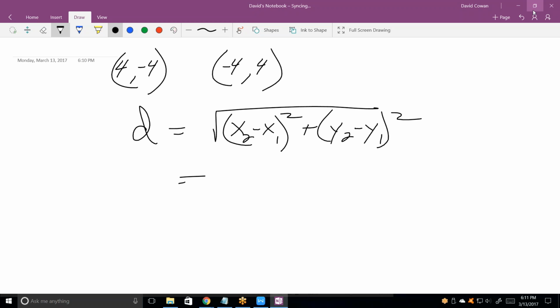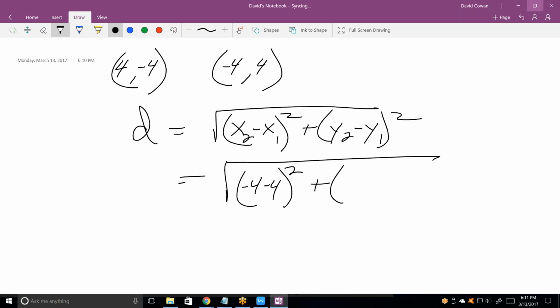So that would be negative 4 minus 4 squared plus 4 minus 4 squared. Hold on, don't drop negative signs. It's the easiest thing to do in algebra is to drop a negative sign. This is 4 minus a minus 4. So it'd just be 8.